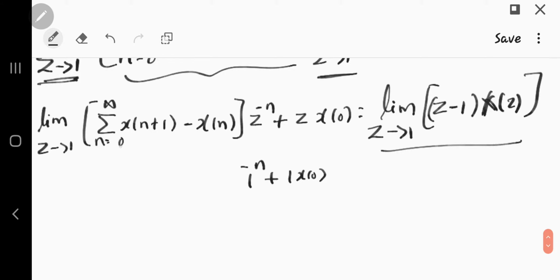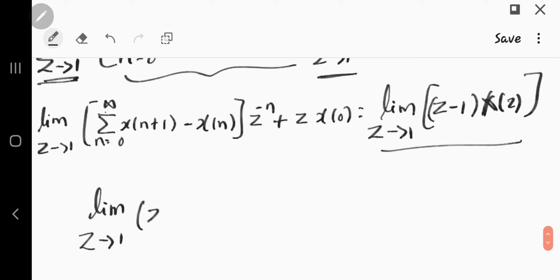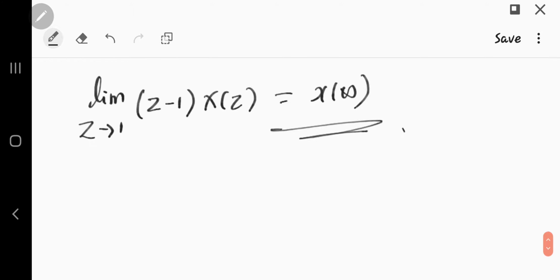So this term we have to apply from 0 to infinity, so you will get x of infinity itself. Okay, n takes 0 to infinity, the final value will be x of infinity. So based on that, we can write limit z tends to 1 of (z minus 1) into X of z is equal to x of infinity. So that is the proof for the final value theorem.